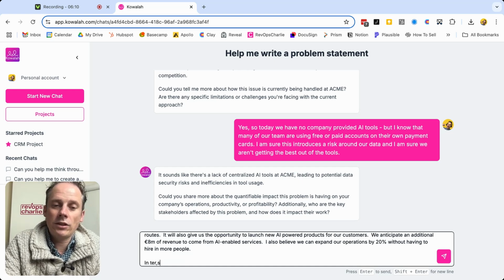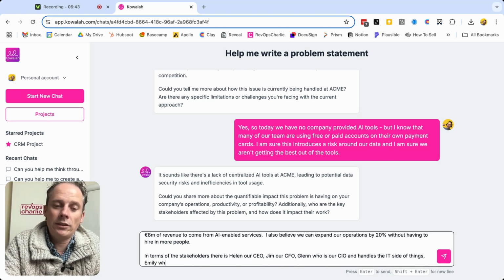In terms of the stakeholders, there is Helen, our CEO, Jim, our CFO, Glenn, who is our CIO and handles the IT side of things, Emily, who is our general counsel, to focus on the legal side of this.